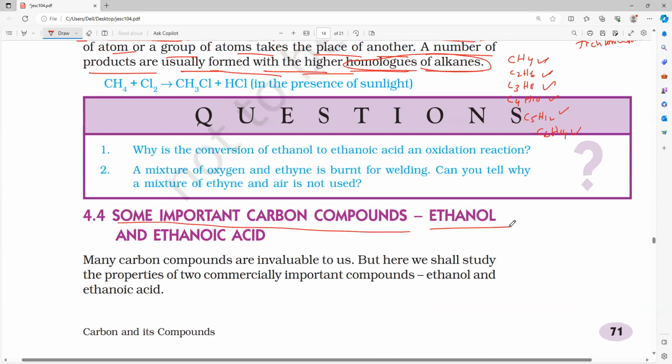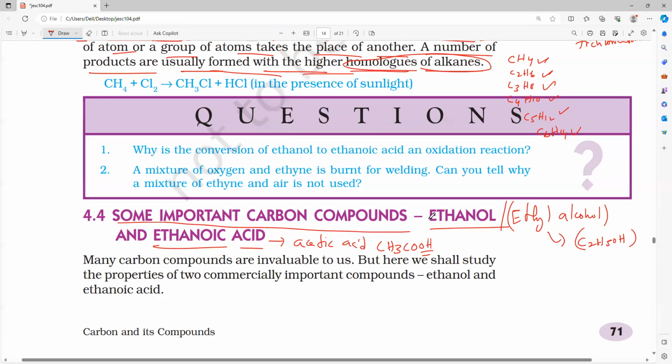That is ethanol. Ethanol is also called ethyl alcohol. What is the formula? C2H5OH. And ethanoic acid, also called acetic acid, CH3COOH. Here we get the oxidation reaction.